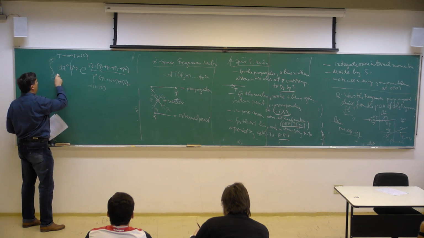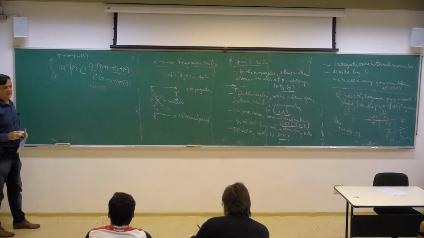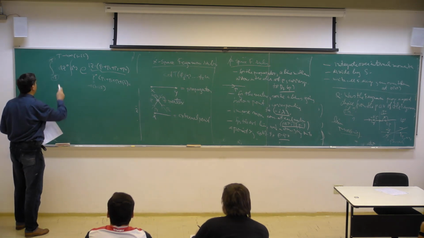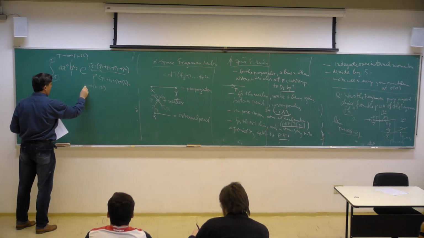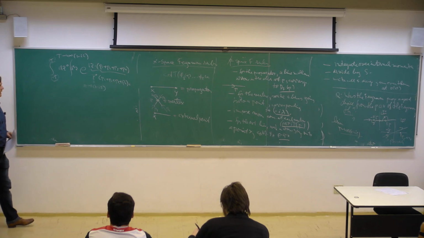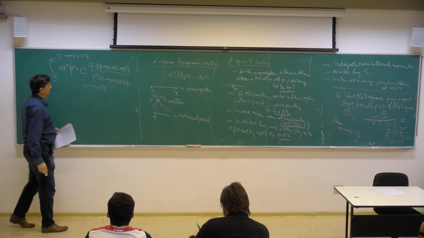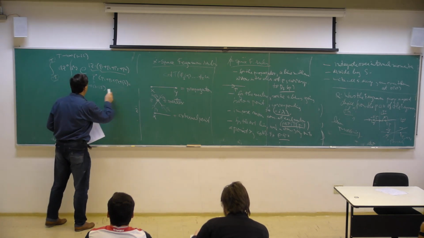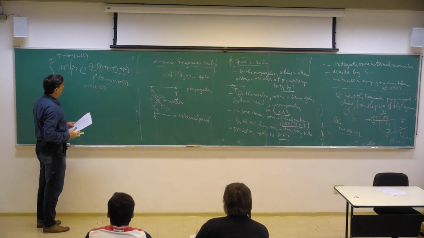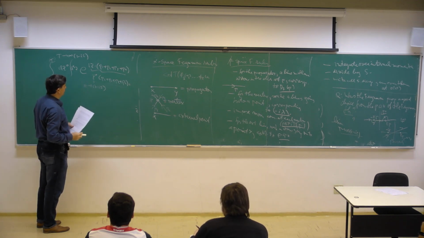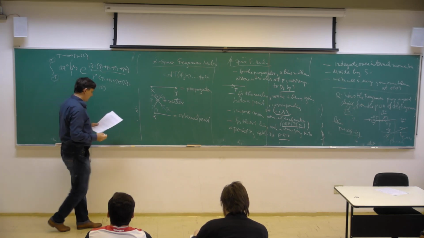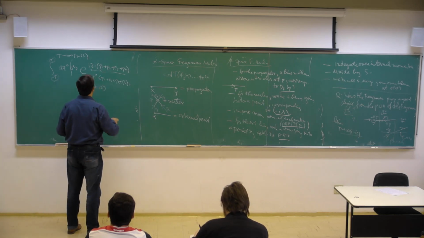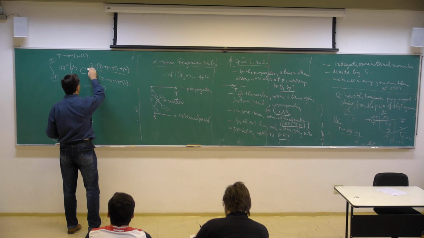Here the two endpoints are t and minus t, right? The endpoints are t and minus t. And in fact, in here I have plus or minus, and here I have an I in front.